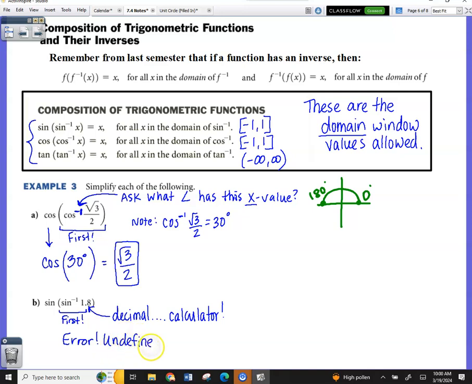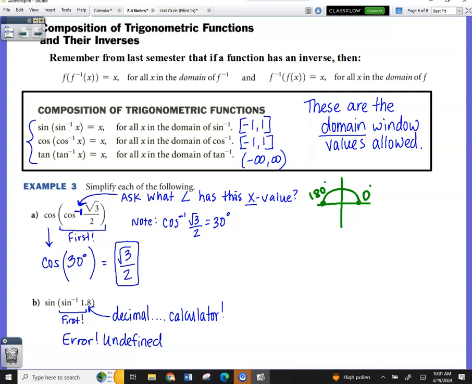Does anyone know why? Domain. There it is. So, do you remember how we said, if you look up here, these are the domain windows of the values allowed. So with sine, the only values allowed are -1 to 1. With cosine, the only values allowed, -1 to 1.